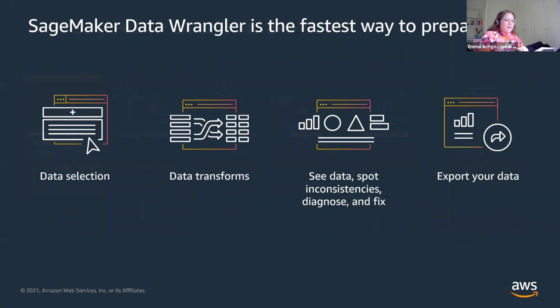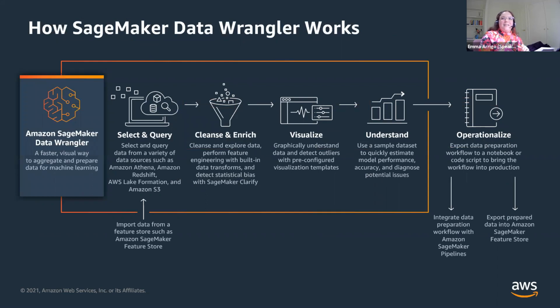So how does it work? That's essentially the same slide, but you have the data. You can have it from AWS or brought into the console, cleanse it, run those transforms, visualize it. You can also run some quick models within the SageMaker Data Wrangler interface.